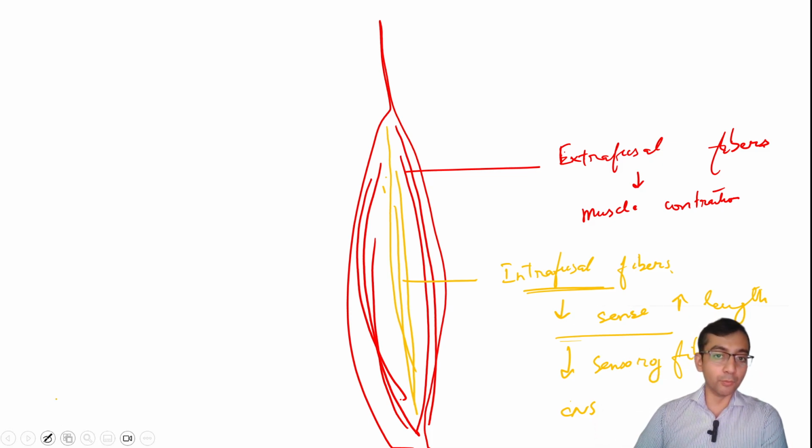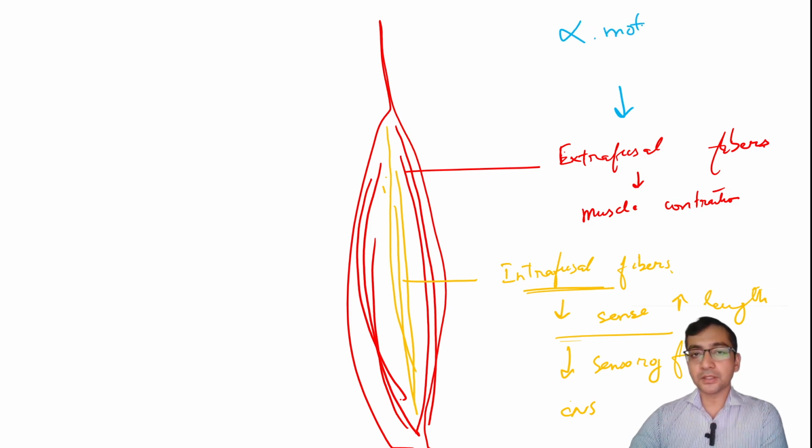So what are the different motor fibers that are responsible? First there are alpha motor neurons. These are going to exclusively make synapses with the extrafusal fibers.